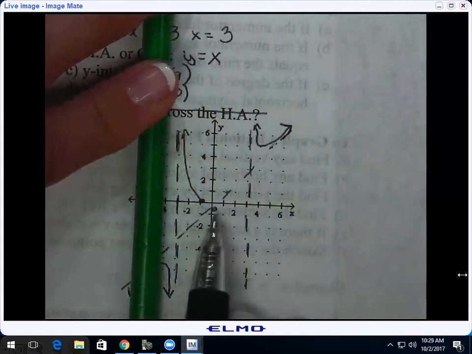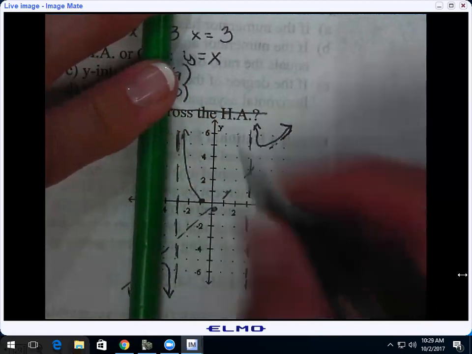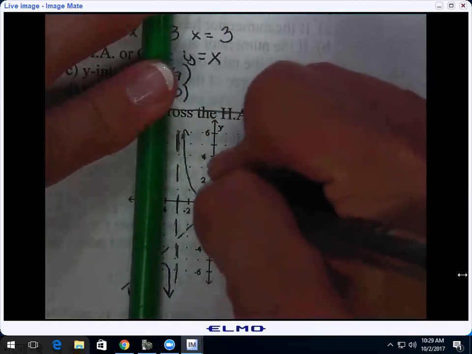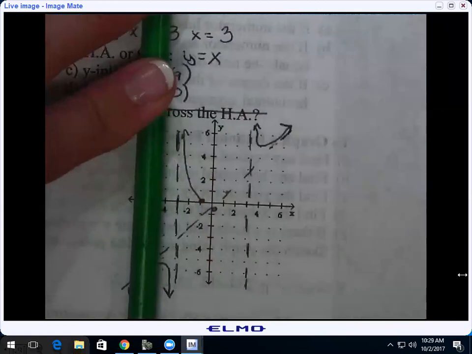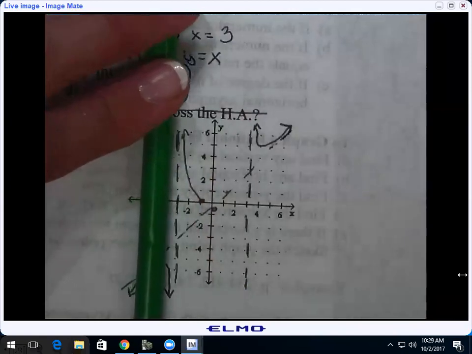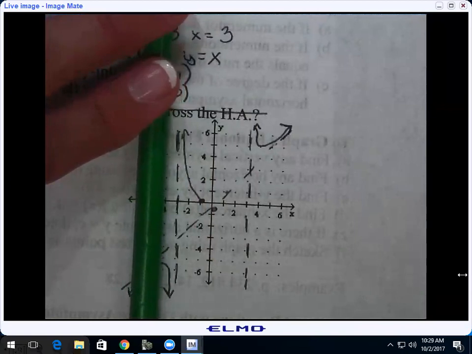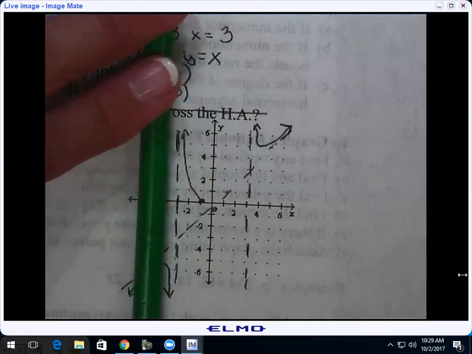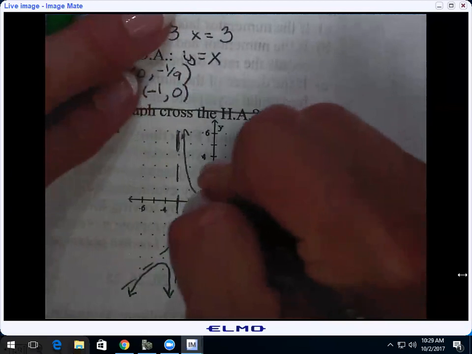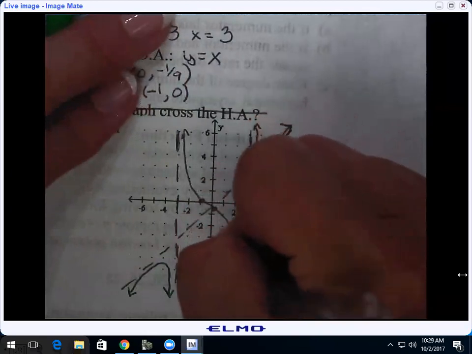And then to hit this y-intercept, it's going to have to keep coming. What do you think that's going to look like between its asymptotes? What other graph that we know do you think that's going to end up looking like? It's going to be a vertical snake going downhill from left to right, meaning it's going to be -x cubed instead of +x cubed. But that's what it looks like between the asymptotes.